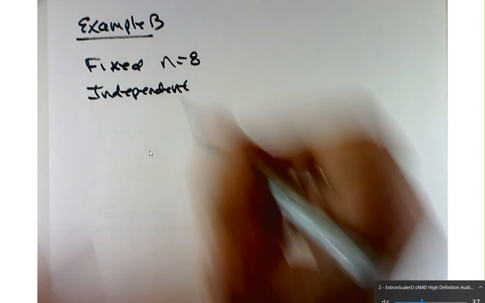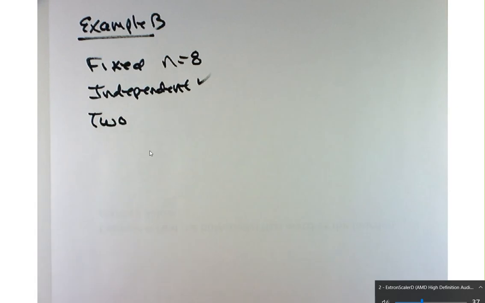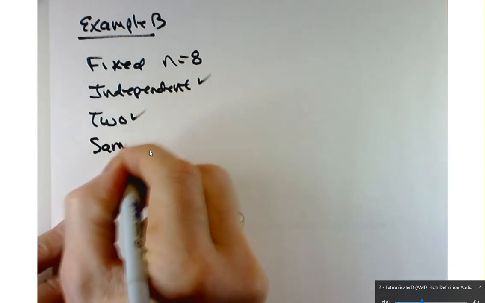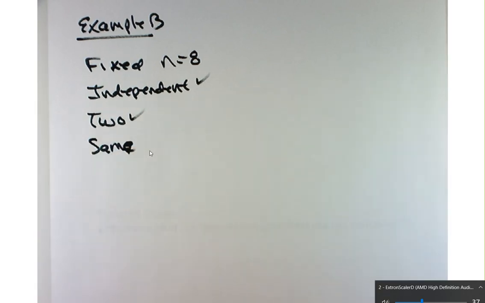We got that. Are there 2 outcomes? What do you think? What are the 2 outcomes? Right or wrong. Yeah, you got it right or wrong. And the same probability of success throughout the trials? Yeah, it's 0.4.